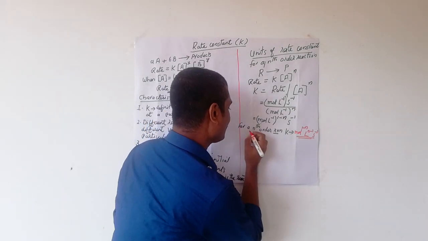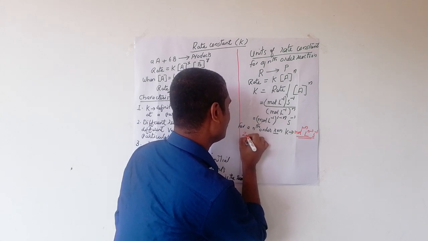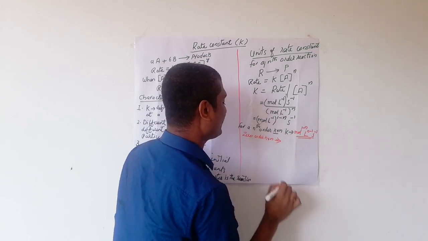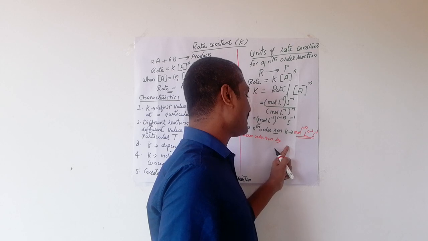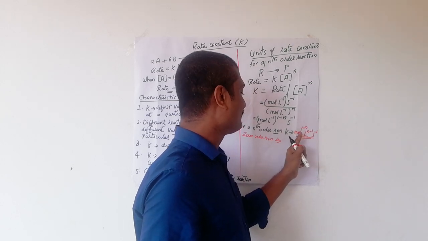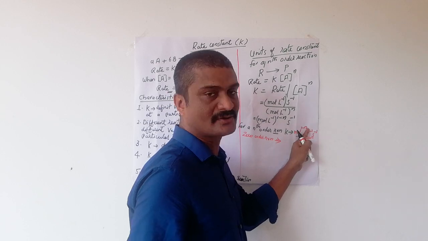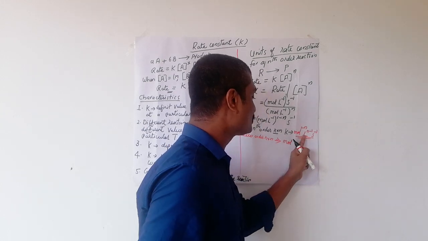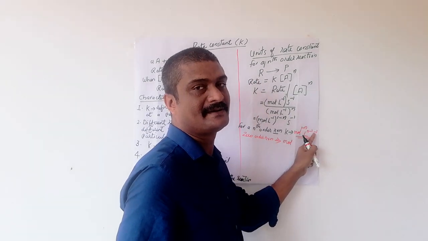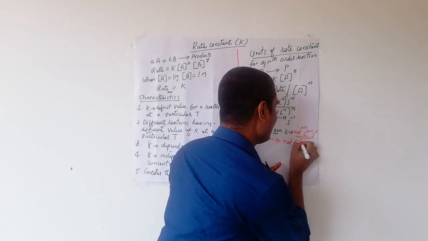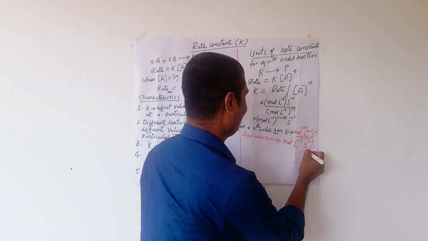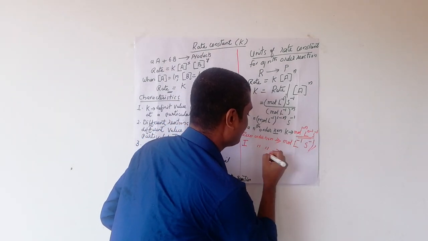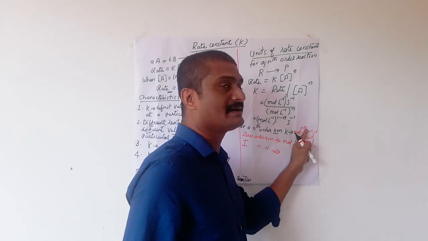Then if the order of the reaction is zero, the value of n equals 0, then mol raised to 1 minus 0 means mol, liter raised to 0 minus 1 means minus 1, liter raised to minus 1, second raised to minus 1.